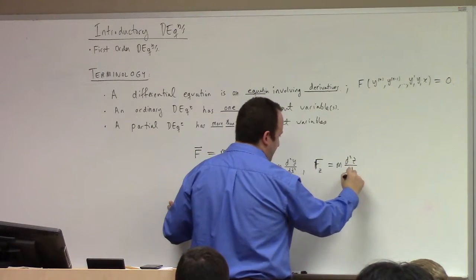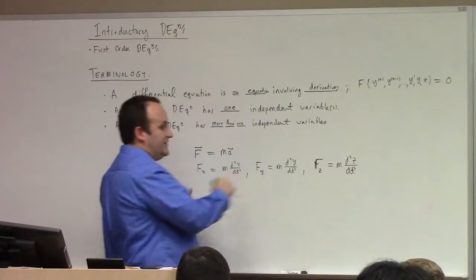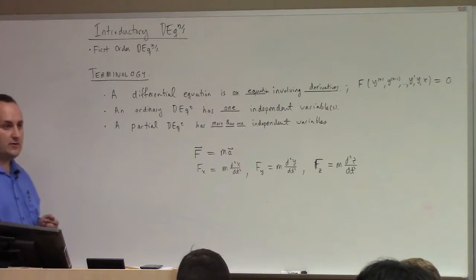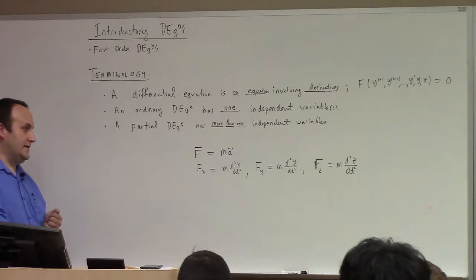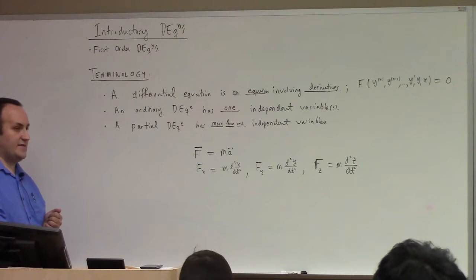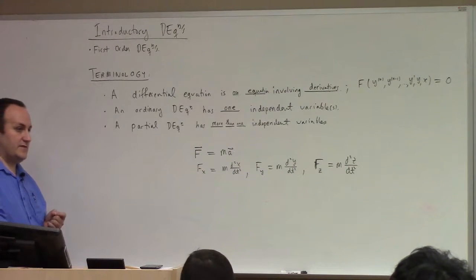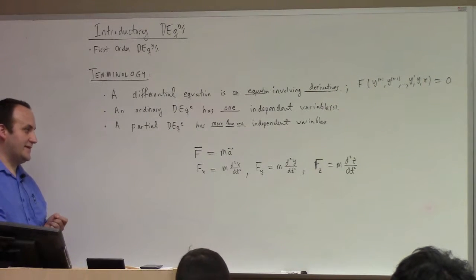All right, so this is a system of 3 ordinary differential equations. Each of them is second order. And you might recognize this. This is Newton's second law. So solving physical problems in classical mechanics involves solving a system of second order ordinary differential equations. That's one example.